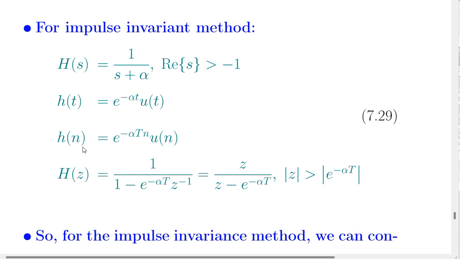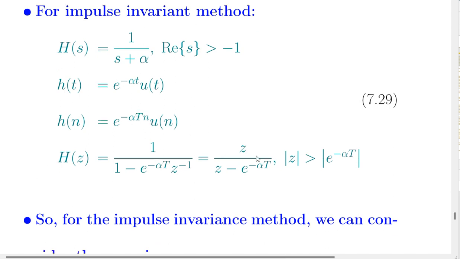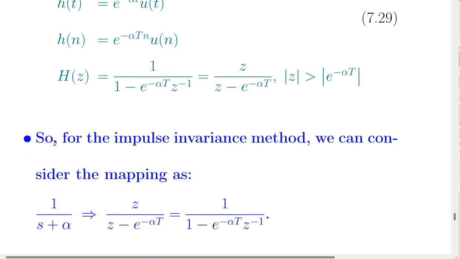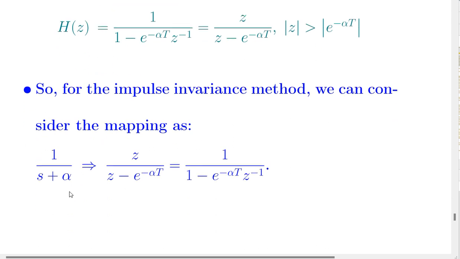So h of n will be equal to e to the power of minus alpha times t times n multiplied by u of n, and H of z, we just had all parts earlier mentioned, everything, okay? So for the impulse invariance method, we can consider the mapping as, we just mentioned it again.